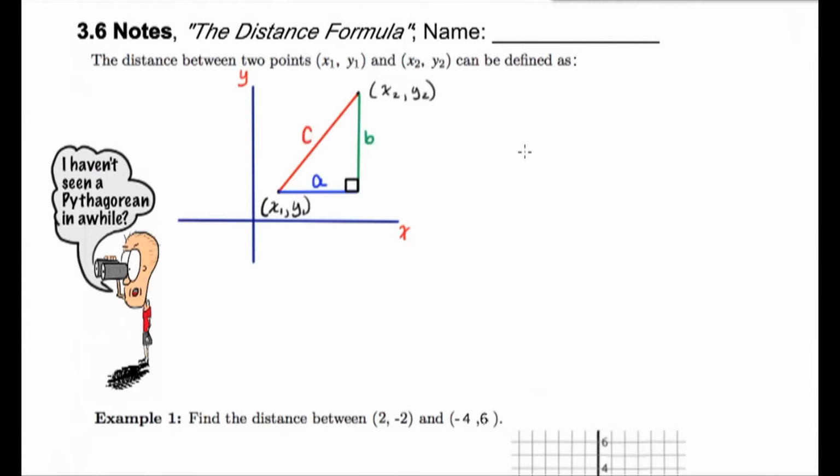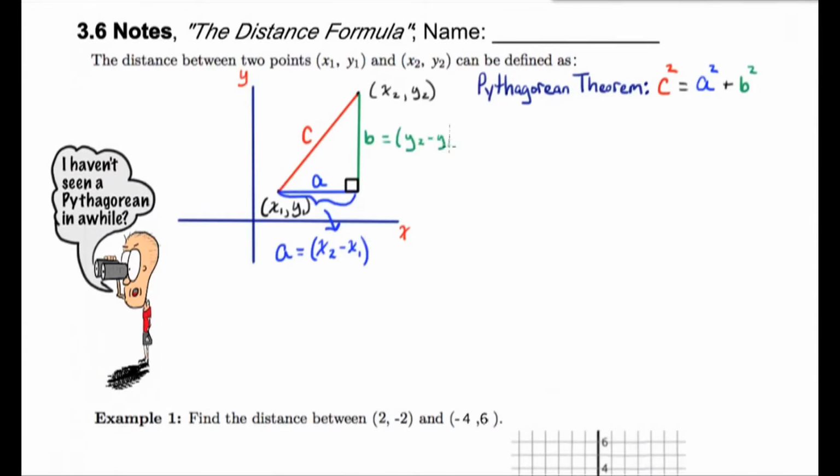we know in the Pythagorean theorem that a squared plus b squared equals c squared. So in this case, the distance for a would be the difference of the x values, and the distance for b would be the difference of the y values.